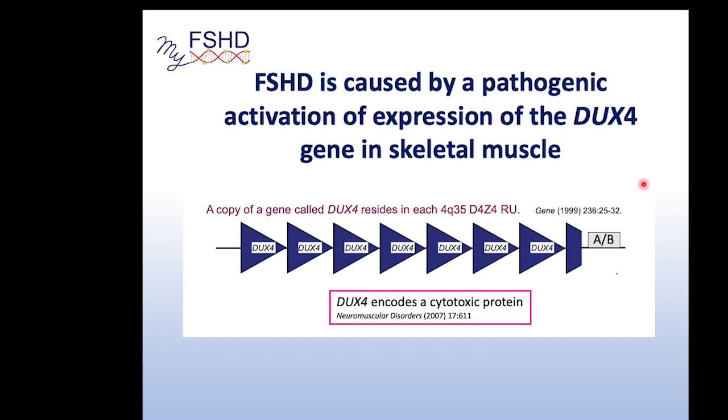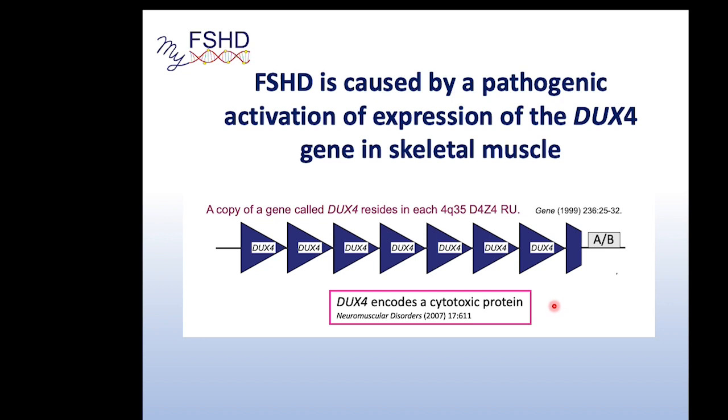Well, FSHD is caused by a pathogenic activation of expression of the DUX4 gene, and the DUX4 gene is present within the 4q35 D4Z4 array. Each repeat actually has a portion of the DUX4 gene. And DUX4 encodes a cytotoxic protein.